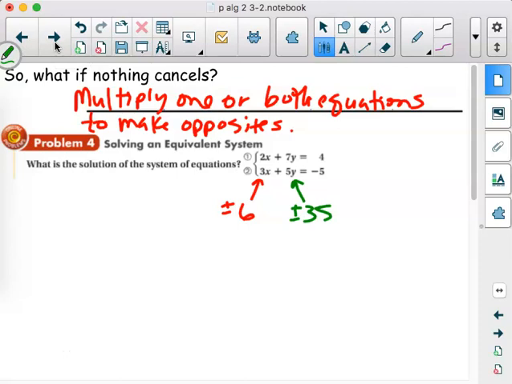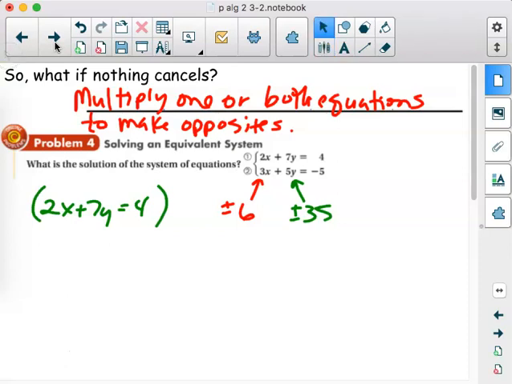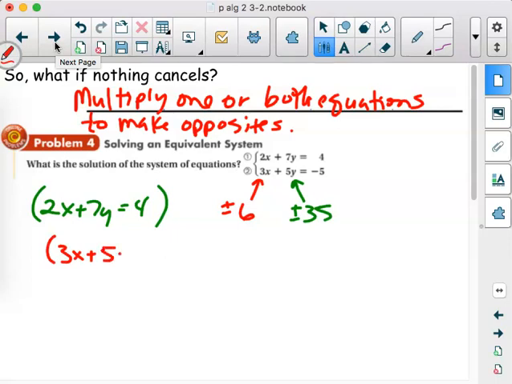So I'm going to take my top equation there, 2x plus 7y equals 4. And I'm going to multiply it by something, so I get a 6 and a negative 6 in the x's. And then I'll do the opposite sign for the bottom one. So they'll have positive 6x and negative 6x. Now myself, I like to get the negative done right away.